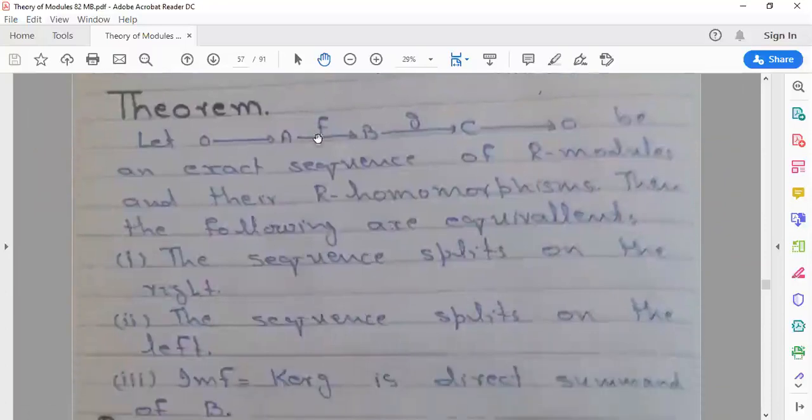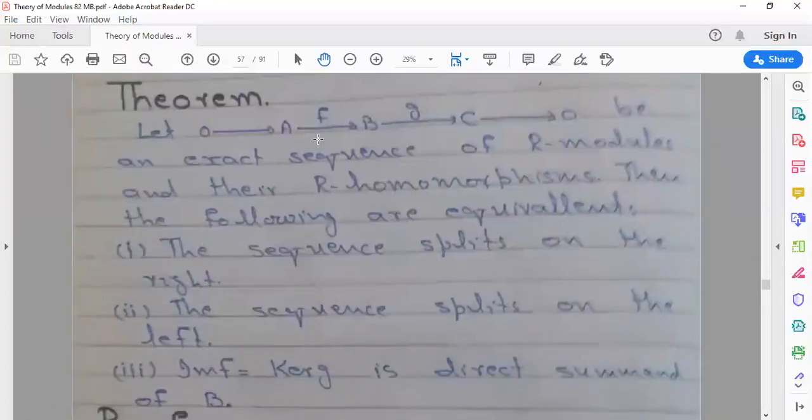After this is a very well known result. This is a very important result. This theorem states that let 0 approach A, and F is a function defined from A to B, G is a function defined from B to C, and C approaches 0.